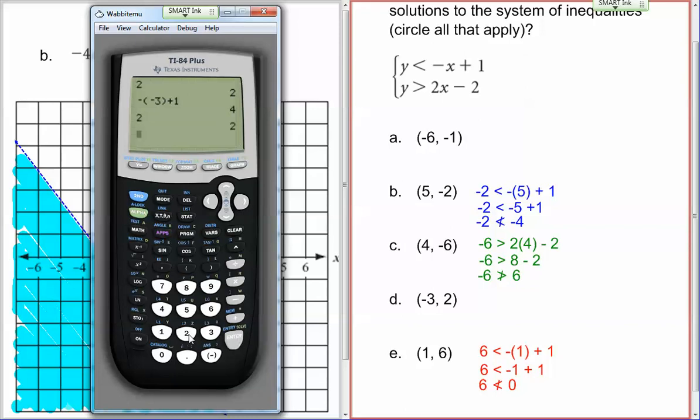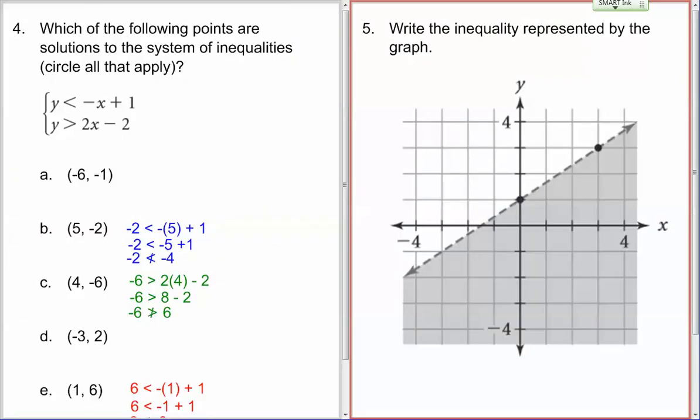And then the right side is going to be 2 times x minus 2, which gives us -8. So y was 2, and that is greater than -8. So we're good there. That does work in both inequalities. So the solutions here are A and D.